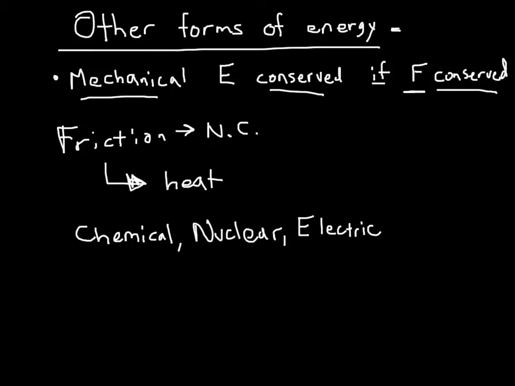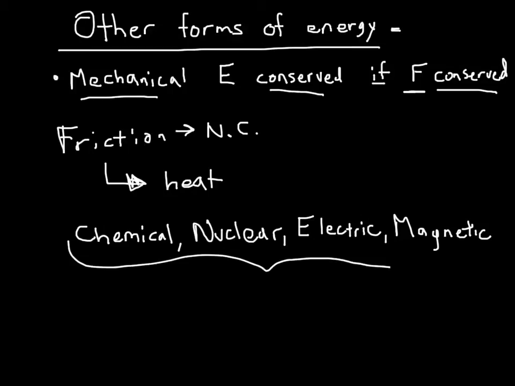All these different forms of energy can combine together to make sure that your energy is always conserved. And all of these really are just different ways to think about mechanical energies. They are all the same quantity, they're all energies, they're all measured in joules.